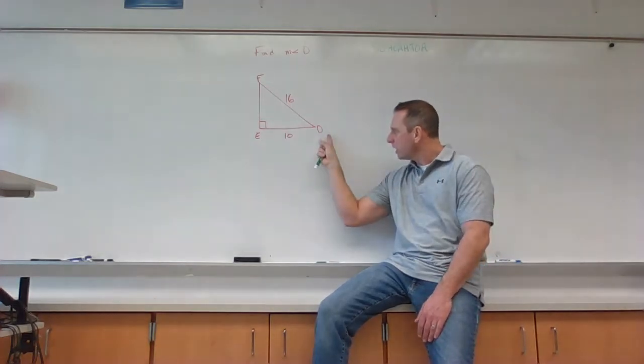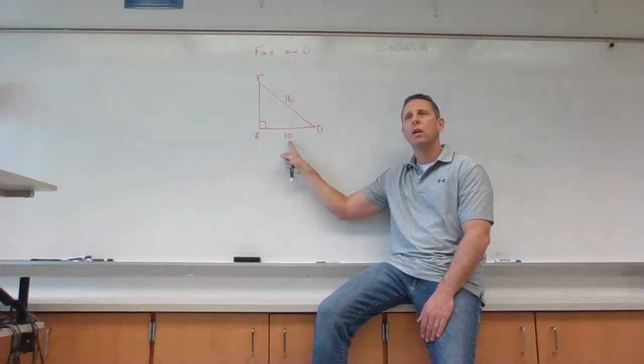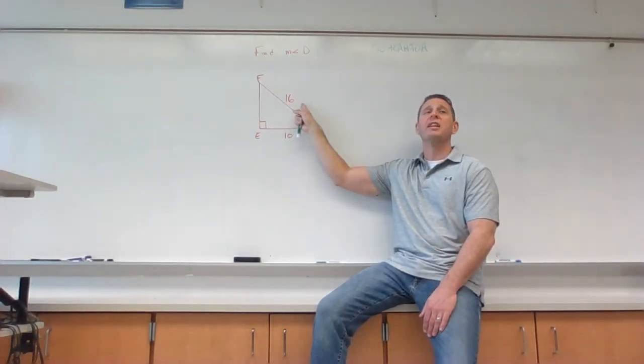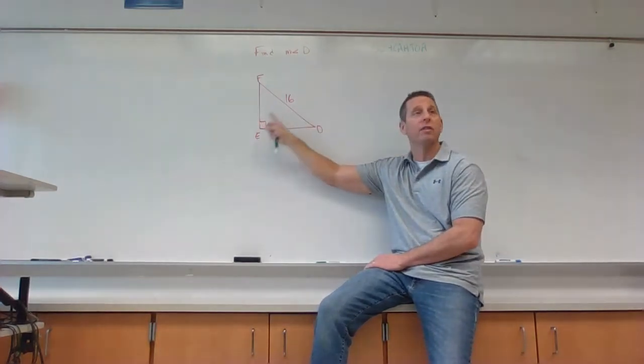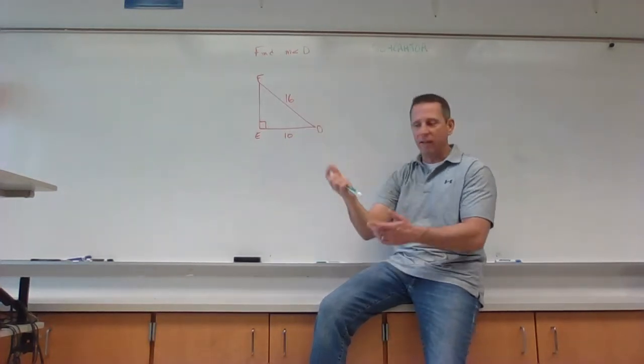In relationship to this angle, what is the 10? That's the adjacent side. What is the 16? No, opposite would mean it's not connected to it. So it's the hypotenuse. And look, here's the right angle. It's the side opposite the right angle. So we have the adjacent side and we have the hypotenuse.